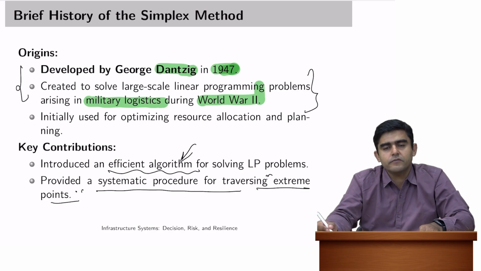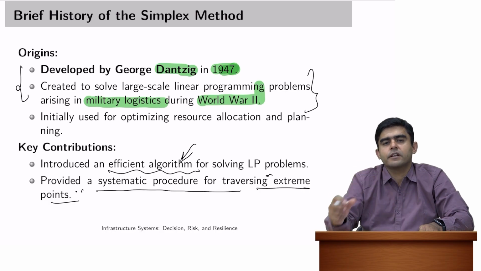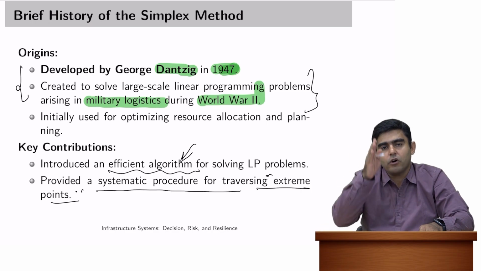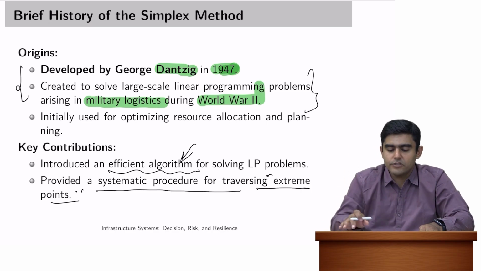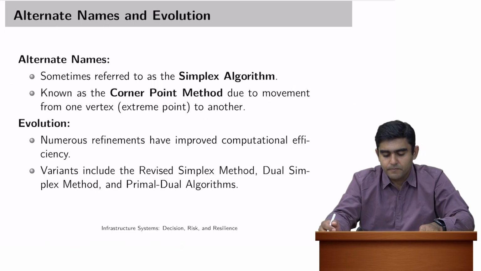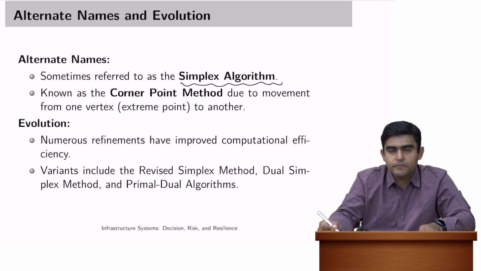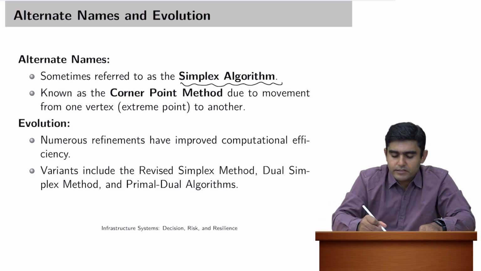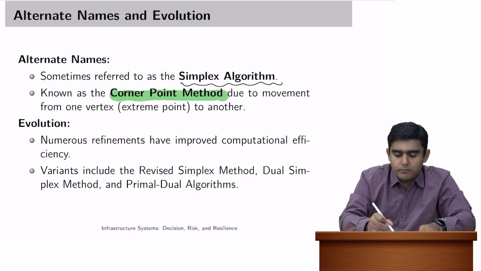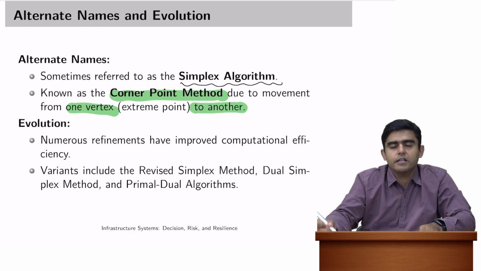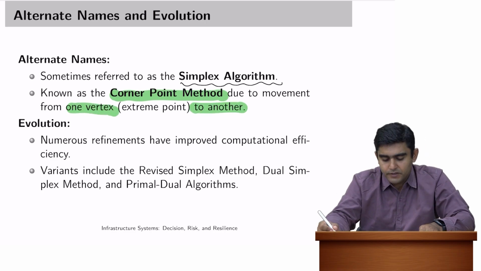In our previous lecture, we learned that whenever we have our constraints written as linear equations, we are essentially looking at convex regions, and the most optimal solution would always be at the extreme points of the convex region that we will trace. This method is also known as the simplex algorithm, and sometimes we also call it the corner point method, as we will move from one vertex to another in search of our optimal answer.